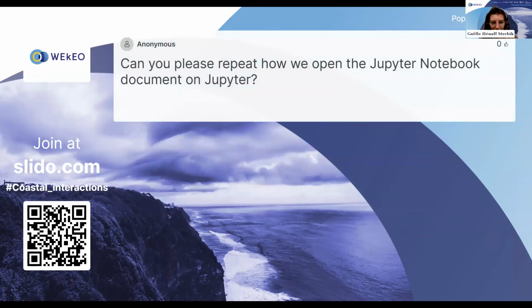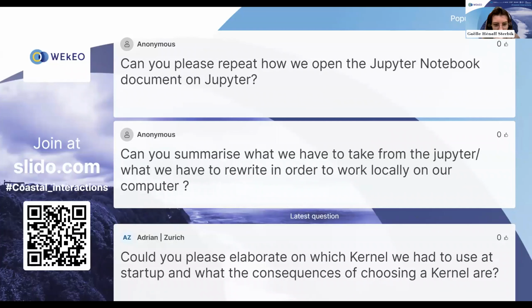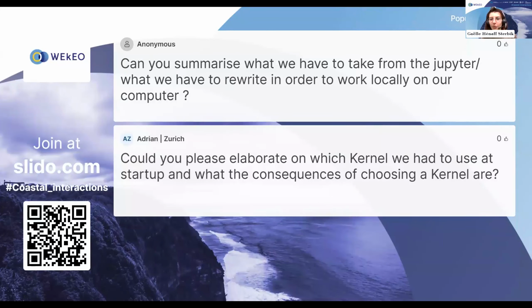Okay. So we have a lot of questions. I'm going to try to publish them all on the screen. Lots of questions are about how to open the Jupyter notebook in the kernel, which kernel to use, and what we have to download exactly.